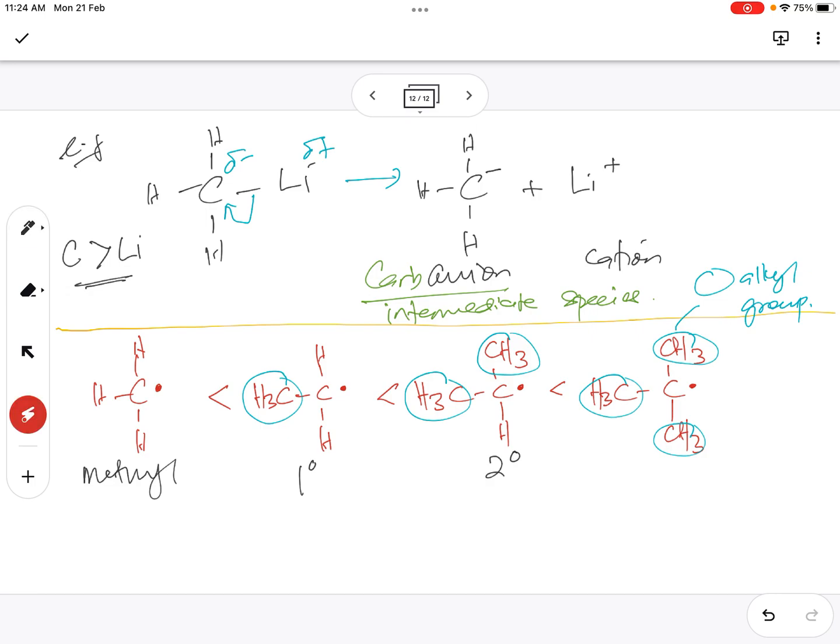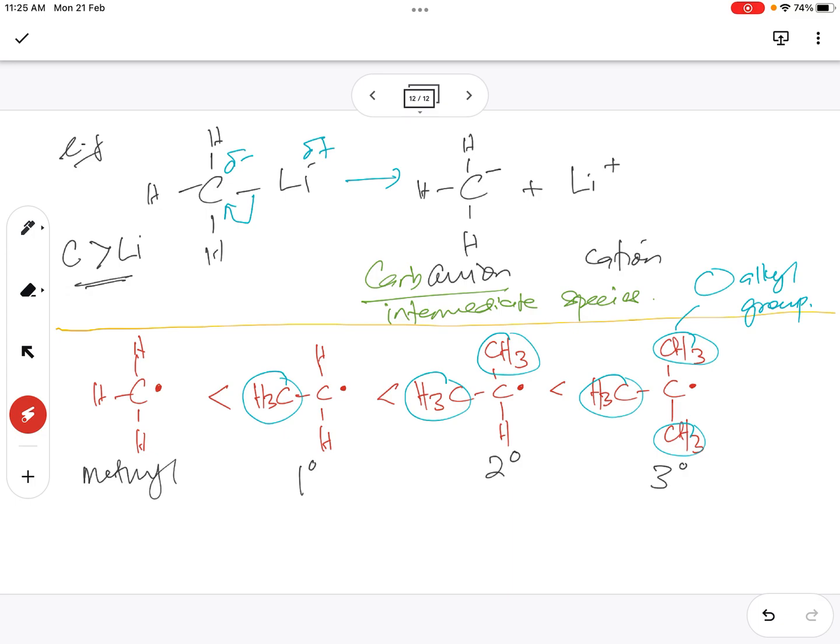Dan jika tak ada hydrogen langsung di sekeliling carbon radical ni, maka itu dikenali sebagai tertiary free radical. Kalau ada 3 hydrogen, methyl. Kalau langsung tak ada hydrogen, tertiary. Macam itulah kita faham lah secara mudah.